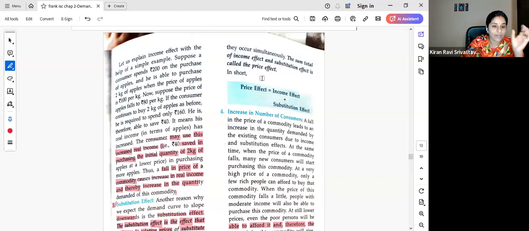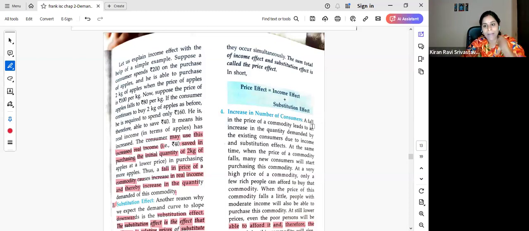So, whenever the fall in price of a commodity takes place, whenever I'm talking about the fall in the price of McDonald's, income effect and substitution effect both happen at the same time. When the price of McDonald's burger is falling from 100 to 50, income effect is happening, and at the same time substitution effect is also happening, because even the KFC burger consumers will now buy McDonald's.